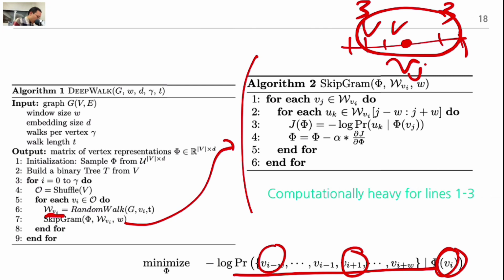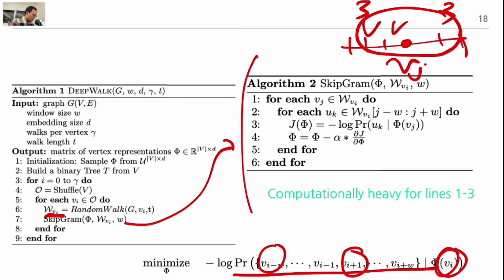Actually, this is not the entire objective function of the random walk. That's why you may feel confused. This is directly from the paper, so the original objective function is not like this.